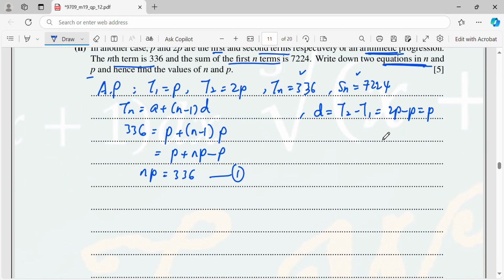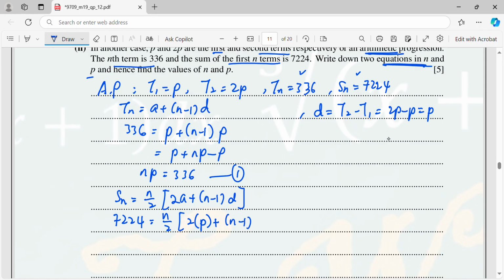Now the second equation is getting from the Sn. Sn equals n over 2 times (2a plus (n minus 1)d). So 7224 equals n over 2, 2a, a is p, plus n minus 1, again the d is p as well. Now I have to get the second equation.